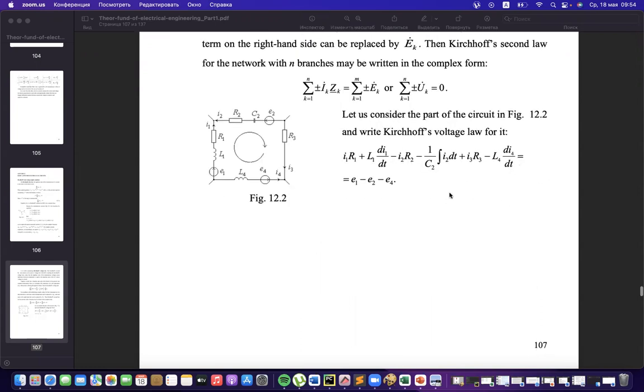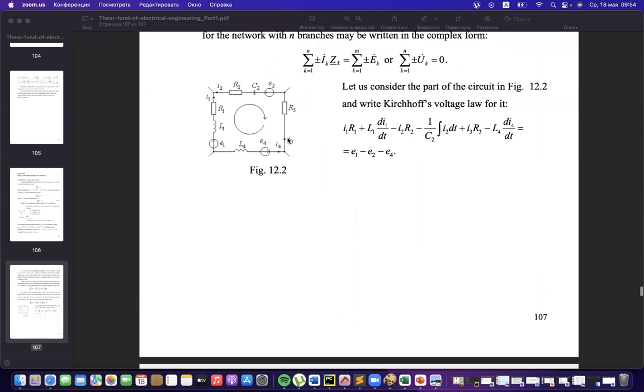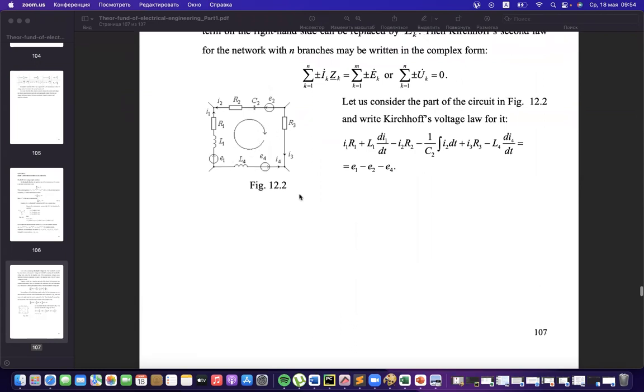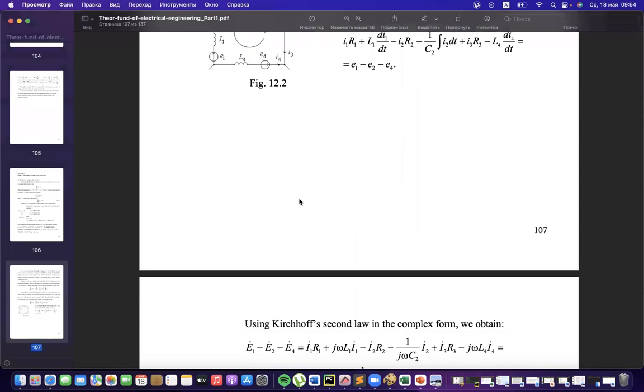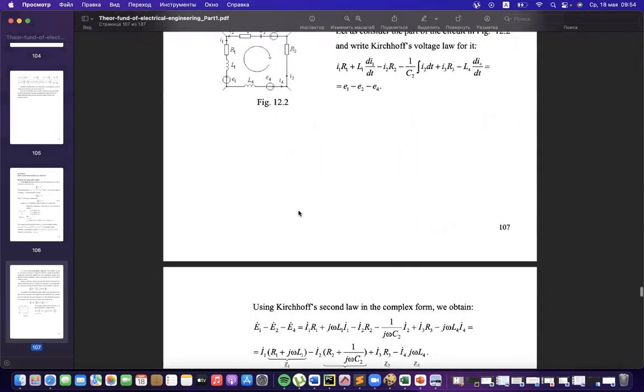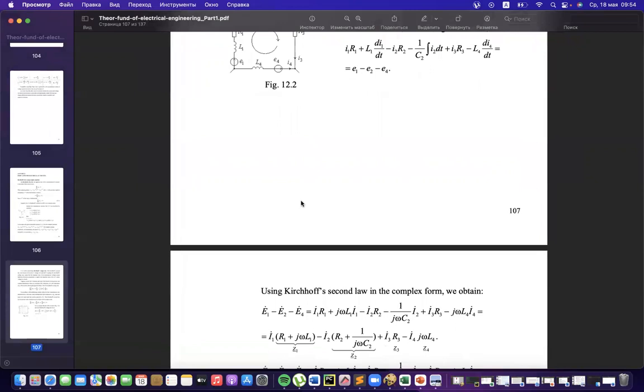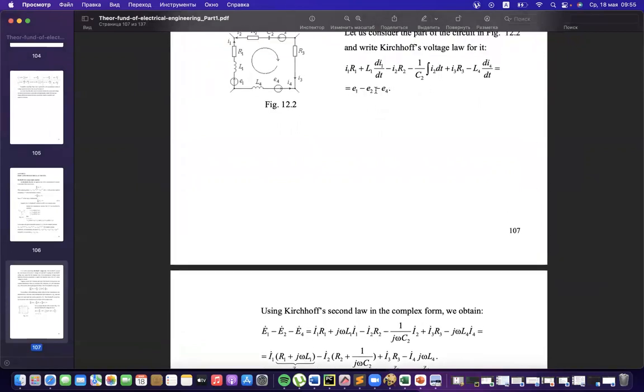That is why instead of such a complex equation, it is much simpler to use complex numbers. Instead of it, the electromotive forces will be 3 complex vectors, with the same signs, just in the form of vectors. For resistors, it also becomes a complex vector times resistivity, 1, 2, and 3.